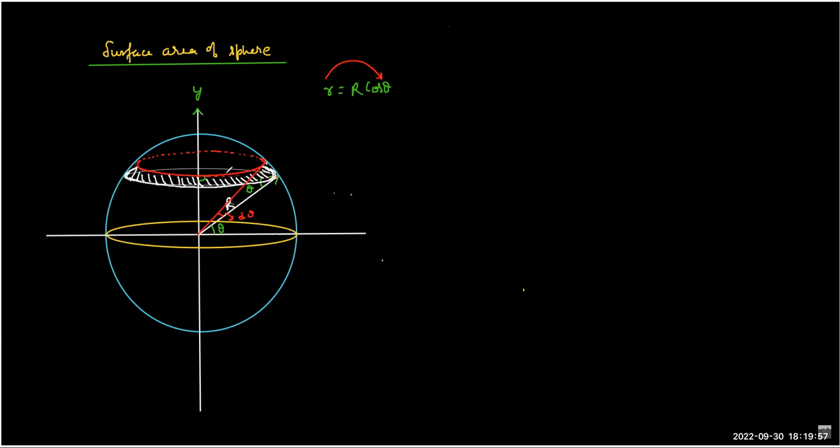Although it looks like a kind of tapered cylinder, tapered meaning it shrinks upward, we know that it is not much tapered because the dimension is almost the same.